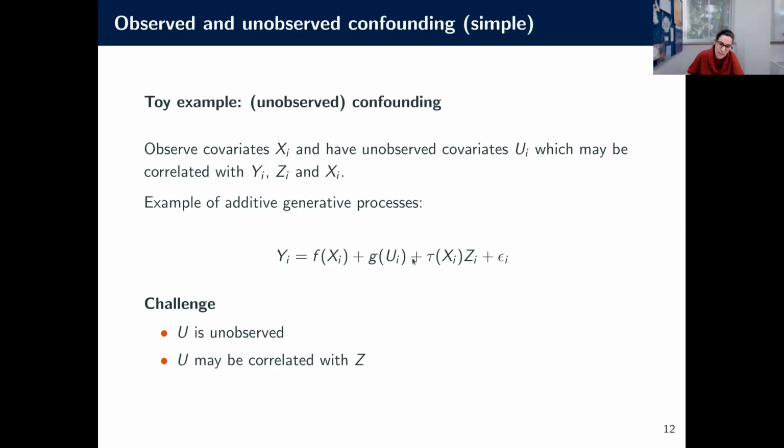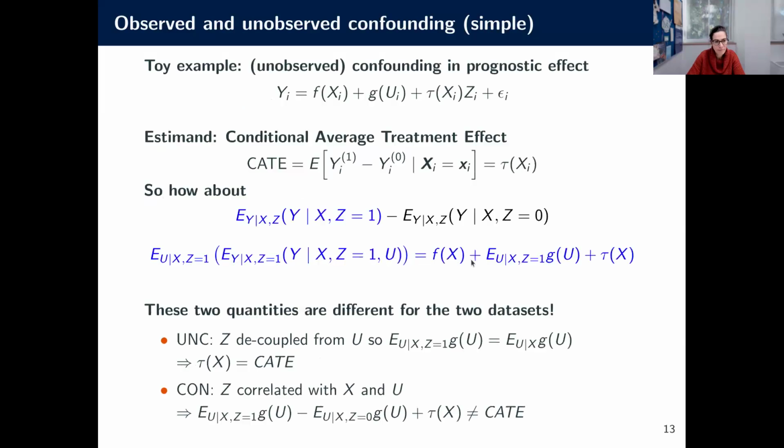Now, what happens if my u is unobserved, but it's also correlated with z? Well, let's go back to my estimand. It's the expectation of y if I've intervened to allocate treatment minus y if I've intervened to say untreated, conditionally on x. My question is, is this the same as the conditional distribution?